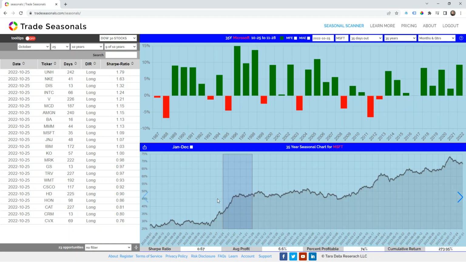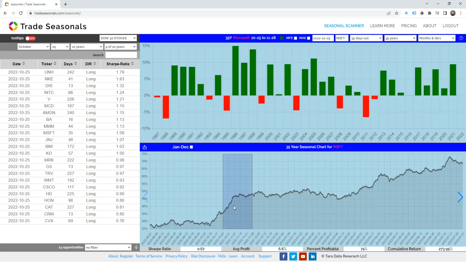But if we look at the last 35 years, it also goes up this time of the year. So Microsoft is actually a better bet. Look at this right there. It's all green for the last 10 years or so. But I would wait till the 25th of October to go long.